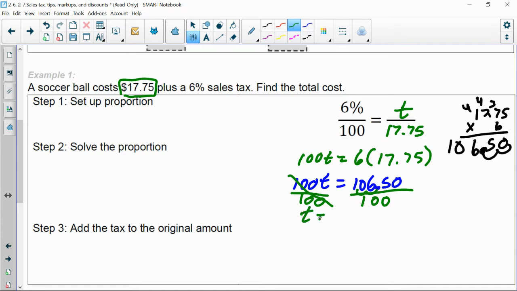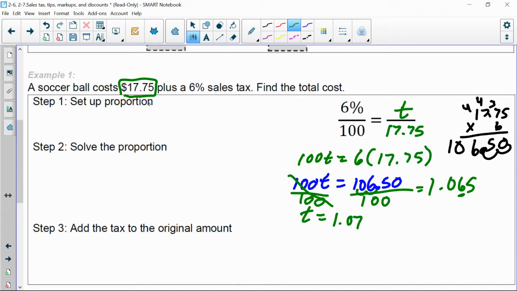So T equals, and since we're working with money, okay, if I move this over, it's 1.065. We're working with money. That means we have to round to the nearest penny. So if I round to the nearest penny, this 5 is going to push this 6 up to a 7. So $1.07 is my tax.